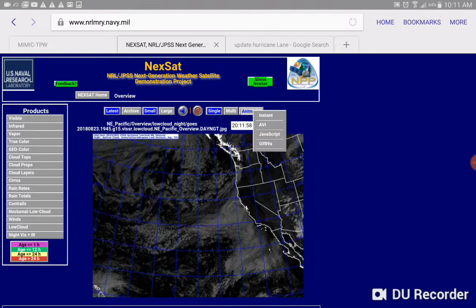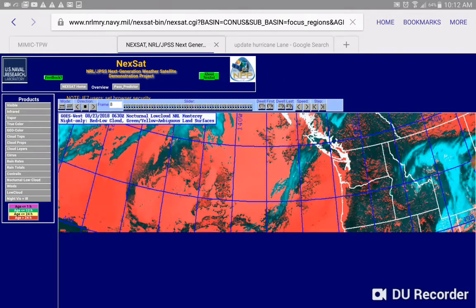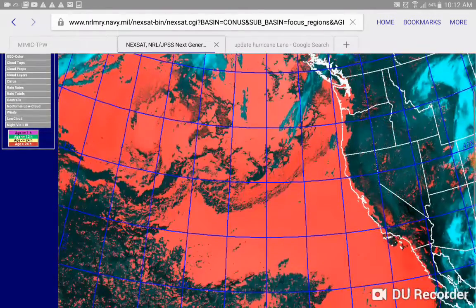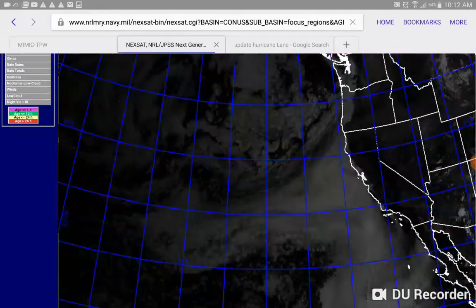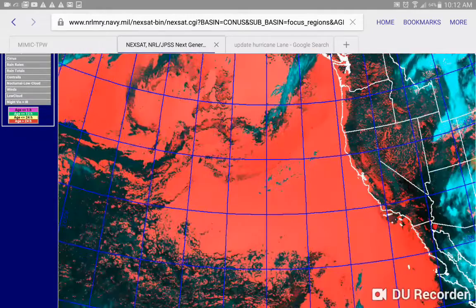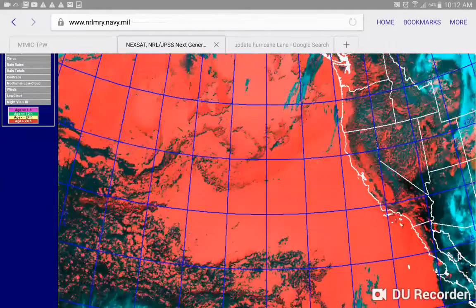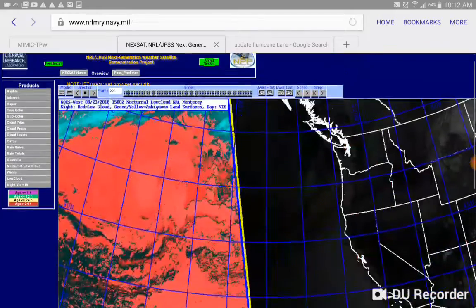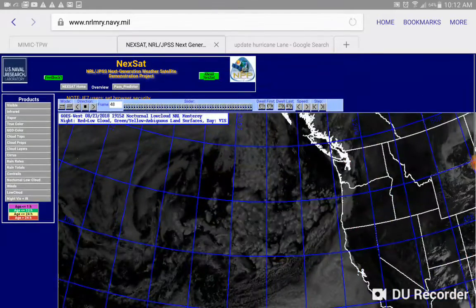Both of those can give you a really good indication of what's going on. Interesting. Let me see what happened with that flash there. Let's go back a few frames.